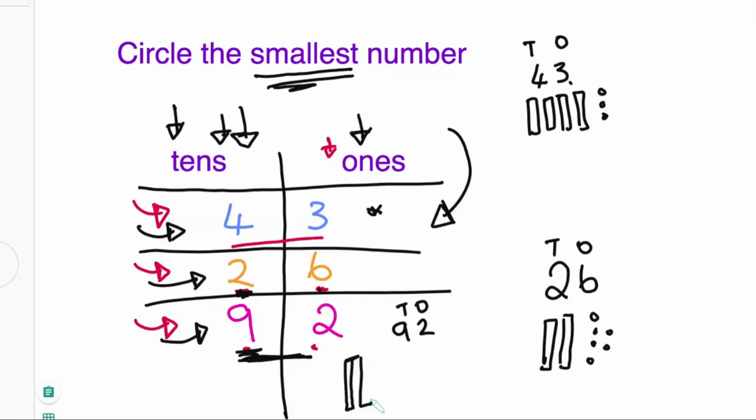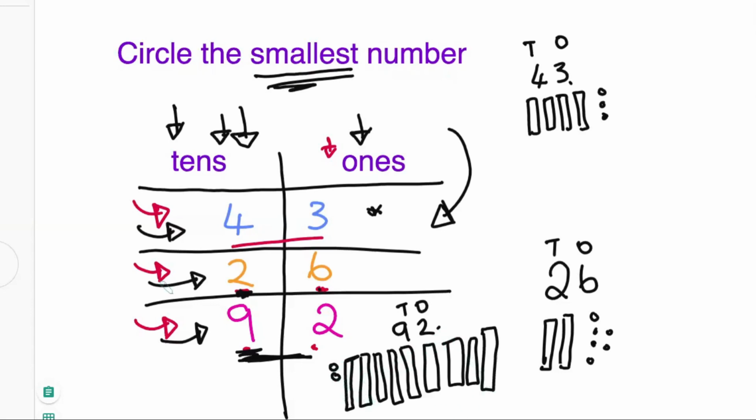So here we go. 1, 2, 3, 4, 5, 6, 7, it's quite a lot, 8 and 9. 9 tens in number 92. And how many ones in number 92? There's 2 ones in number 92.